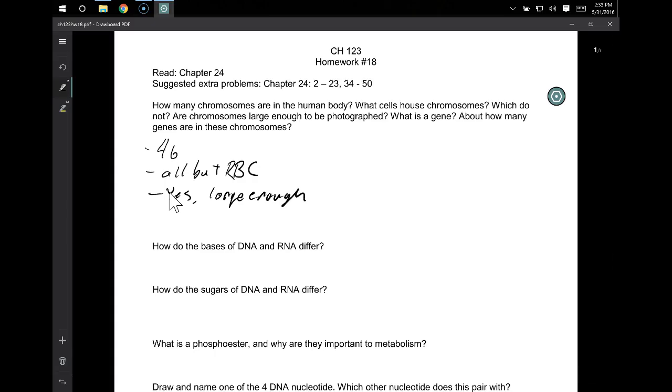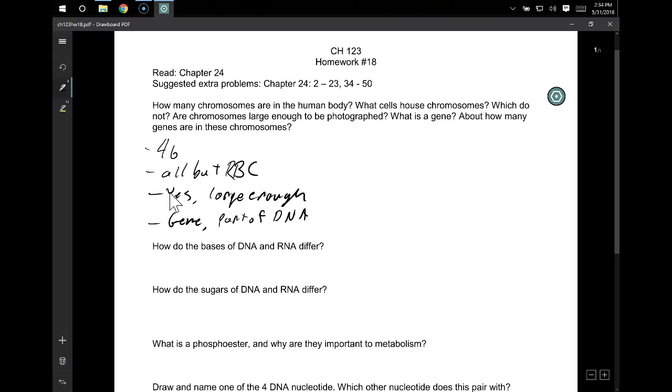Gene? What's the gene term? It's a portion of DNA that codes for a particular protein, and it's somewhere around 10,000.